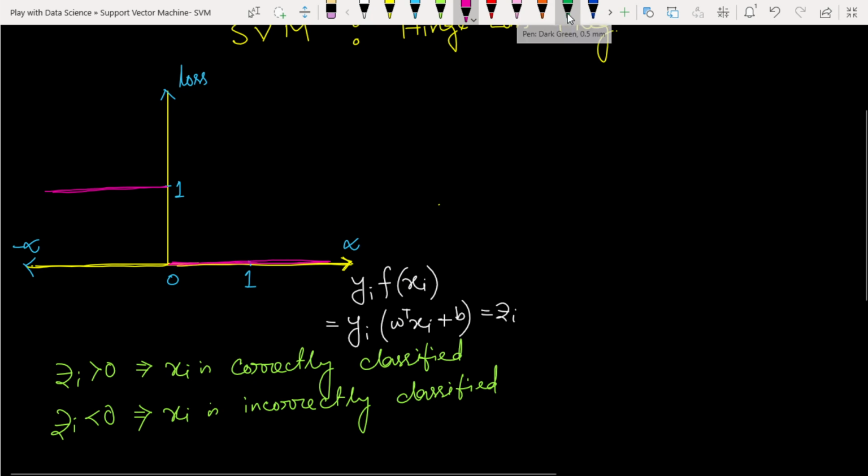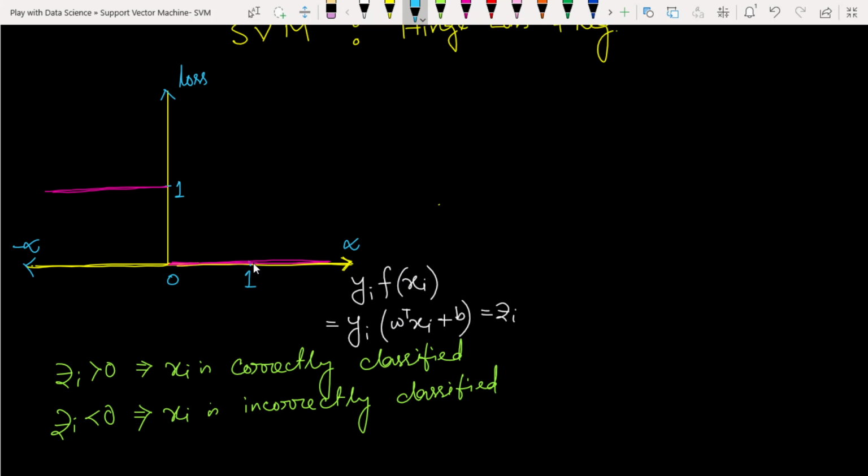Now see this one, where I am taking the blue line. We are now going to write the formula for the Hinge loss.